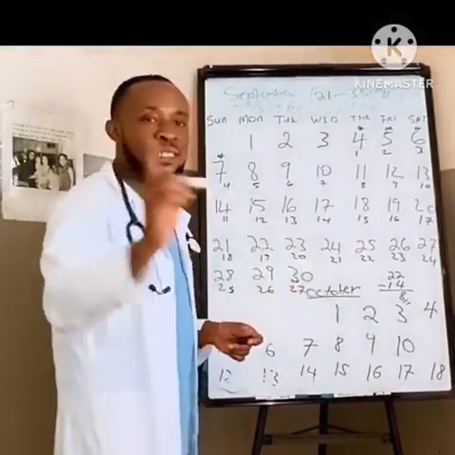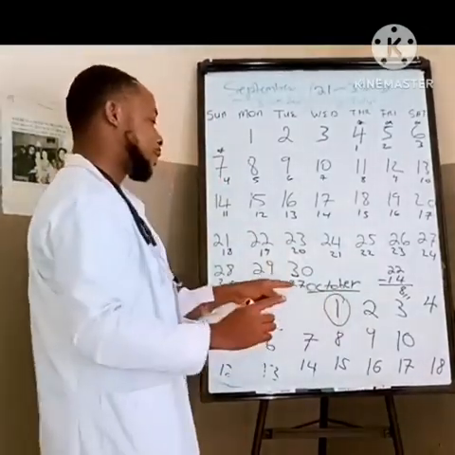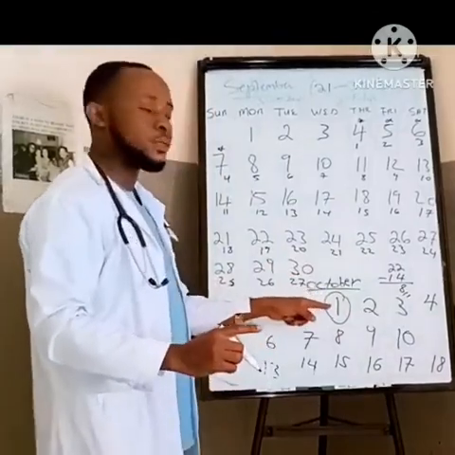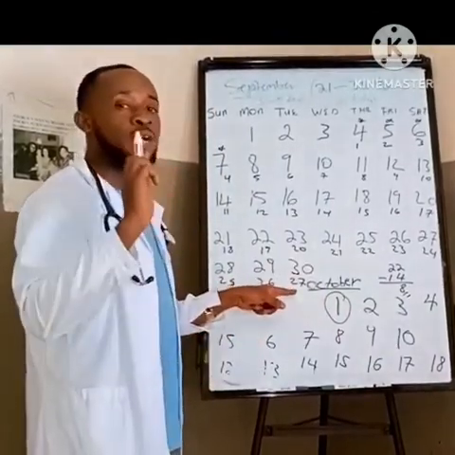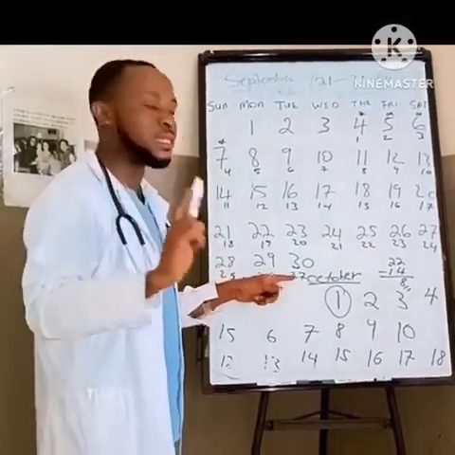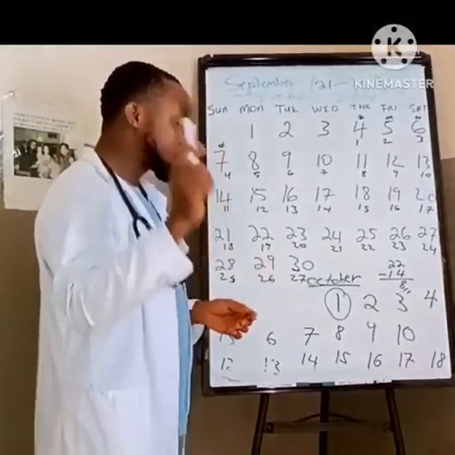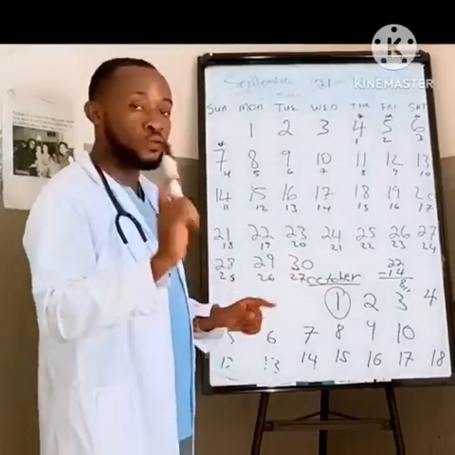So we expect our next cycle to begin on the 1st. Don't forget, we said the day before the next menses begins is when the cycle length ends. And we are supposed to end at day number 27, considering our lady for 27 days. So our next period will begin on the 1st of October.